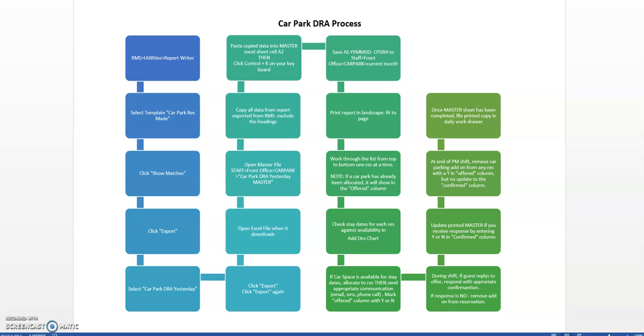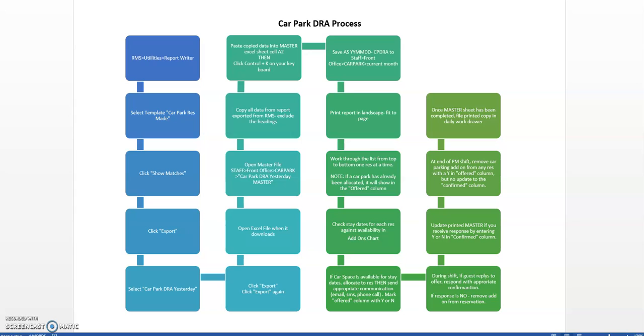So any reservations that were made yesterday that weren't confirmed with a secure car space are going to show up on this list, and we're then going to be able to work through the reservation list one booking at a time, check to see whether or not there's a car space available for the dates of stay, and then allocate it and offer it accordingly.